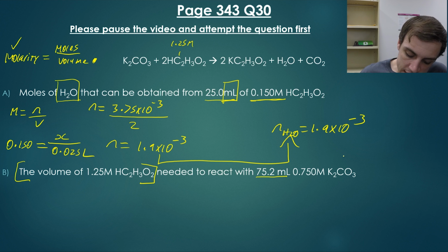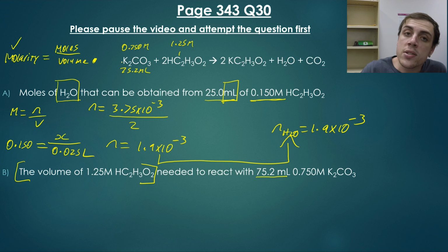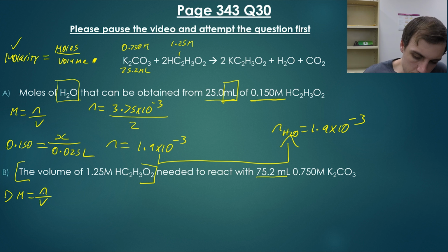So we look at our potassium carbonate. It is 0.750 molar, and it has a total volume of 75.2 milliliters. So we now convert our molarity into moles for the potassium carbonate. Molarity is equal to moles over volume.